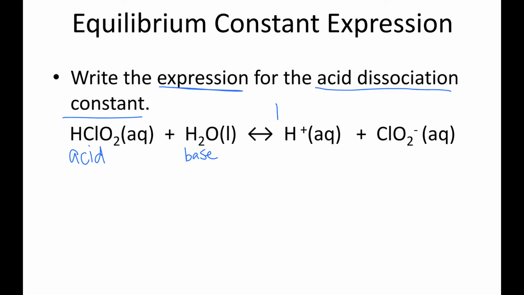Here, remember that H3O plus and H plus are used interchangeably. So yes, I am aware that we got rid of this H2O on the other side. However, this aqueous right here accounts for that in that it's dissolved in water. So this is the conjugate acid and this is the conjugate base.